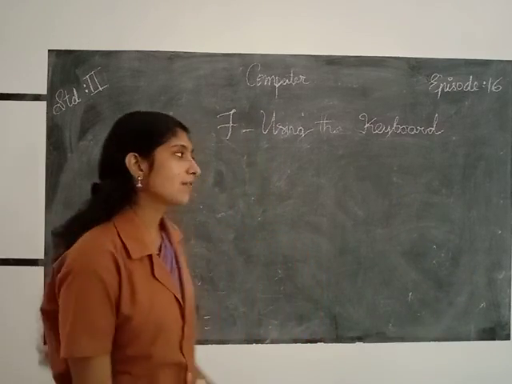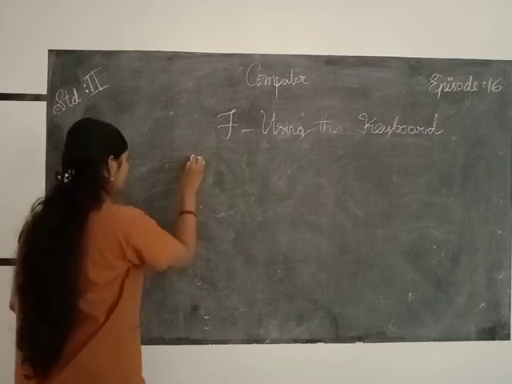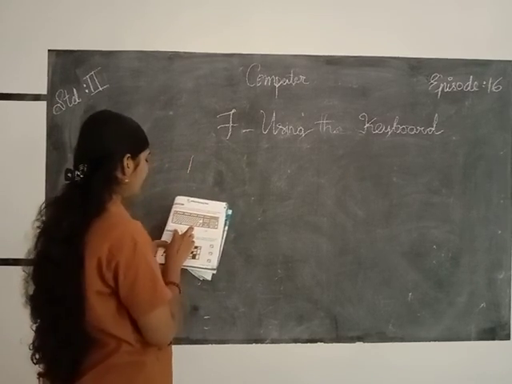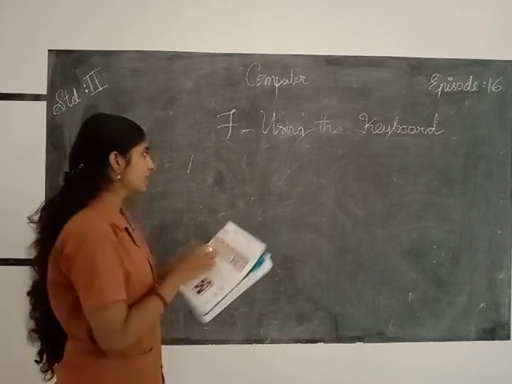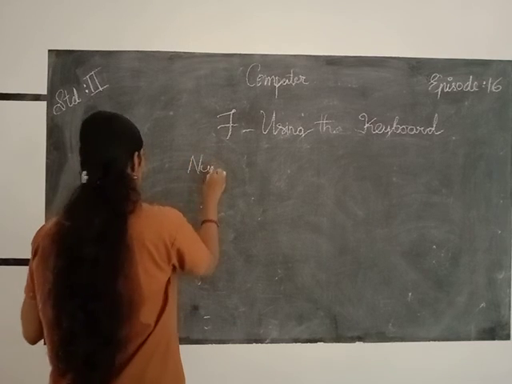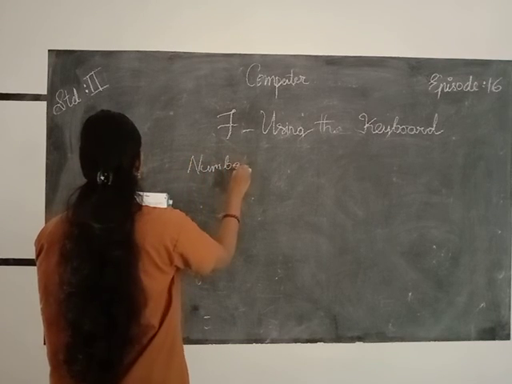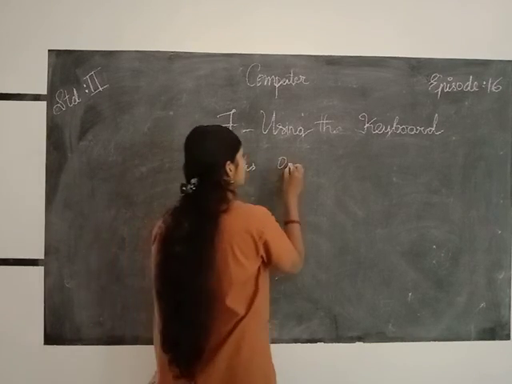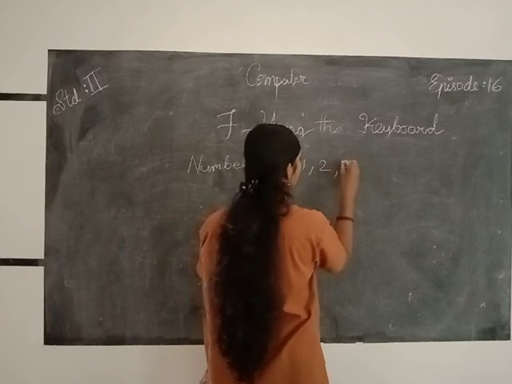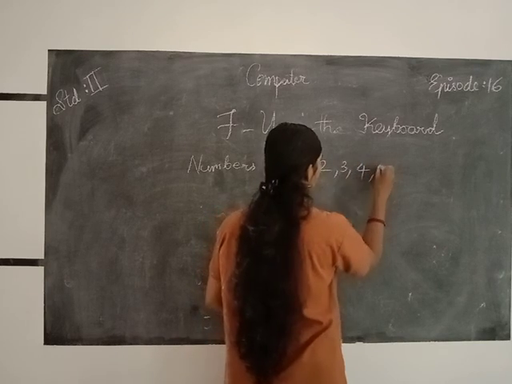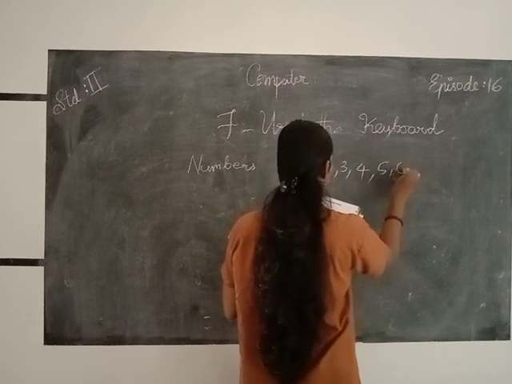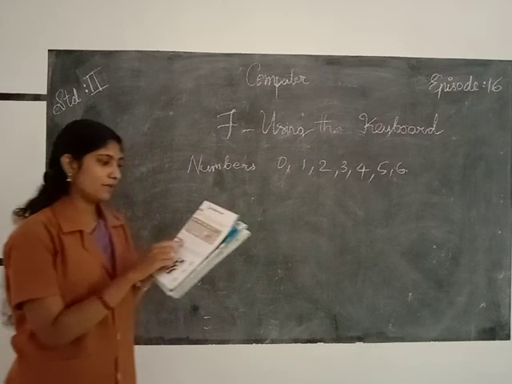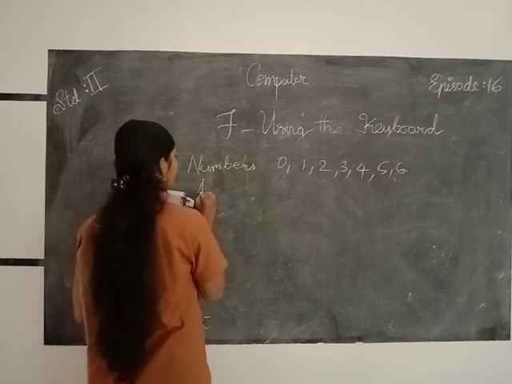There is a space for writing that. First numbers, you can write any 6 numbers. So let me write 1, 2, 3, 4, 5, 6.